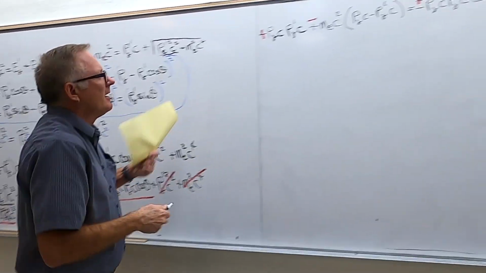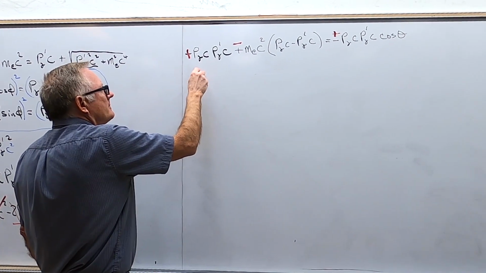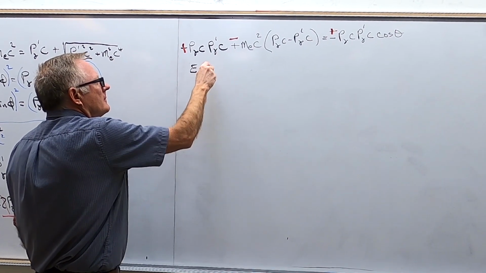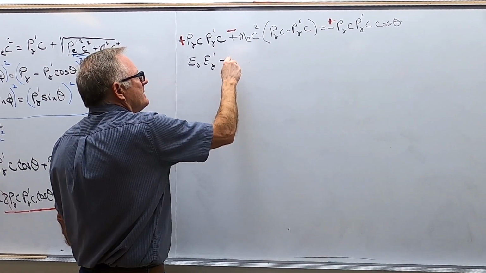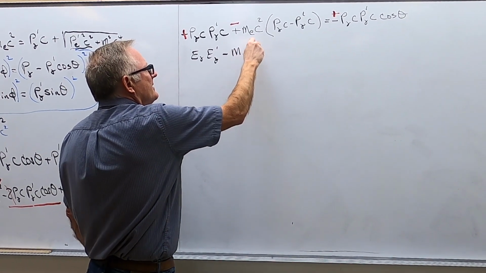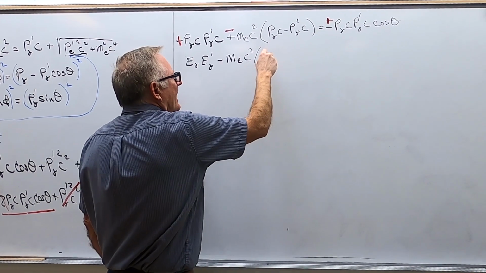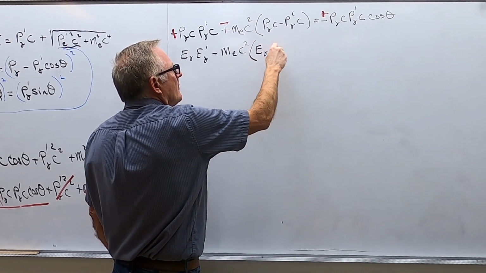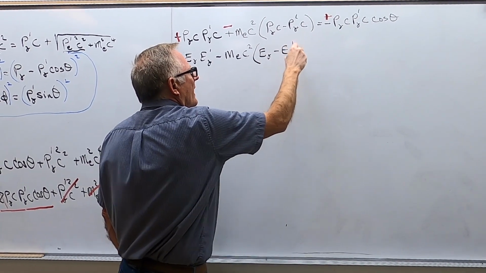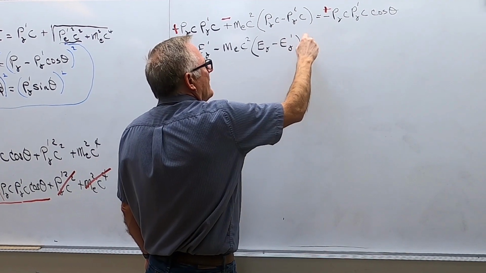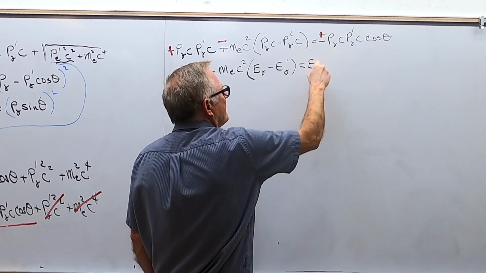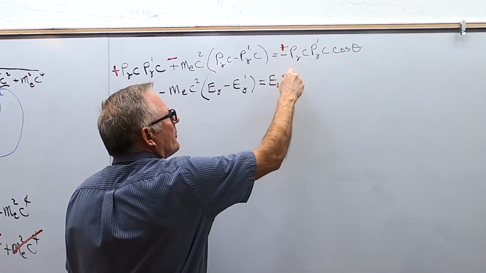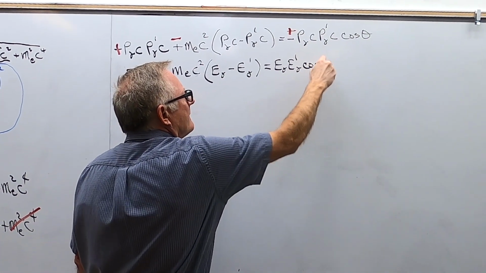So this becomes E gamma E gamma prime, plus M sub E C squared times (E gamma minus E gamma prime), equals, and then we're using the plus, E gamma E gamma prime cosine theta.